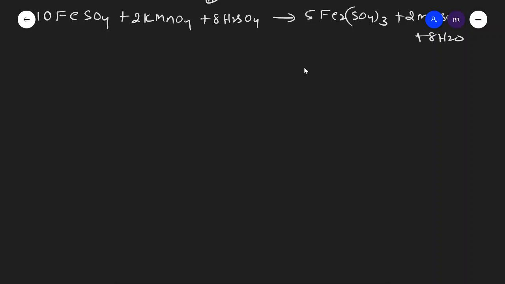Here we go with the first method, the oxidation number change method to balance the redox reaction. What is the method?